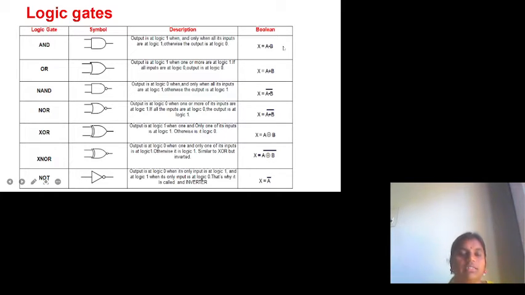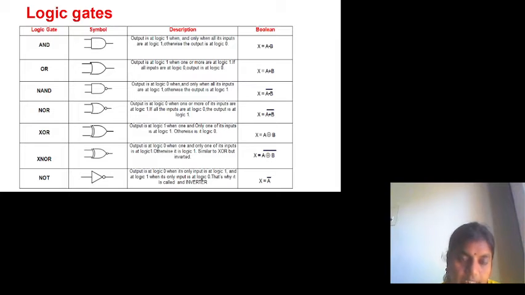Coming to the next logic symbol, the OR gate. Here the OR gate is represented with two inputs, A and B, and the output is X. If any one of the inputs is at logic 1, then the output will be logic 1.